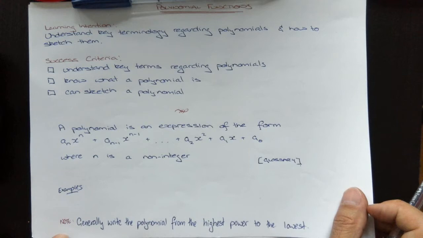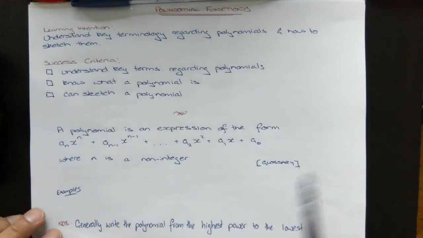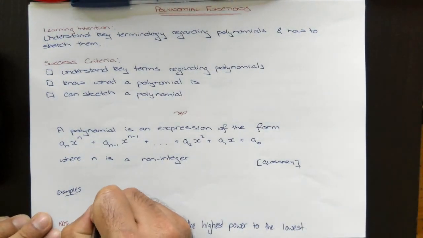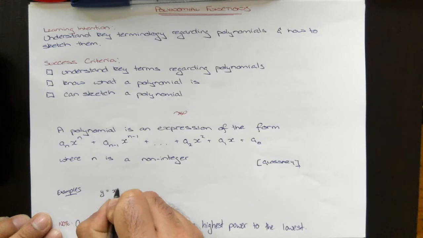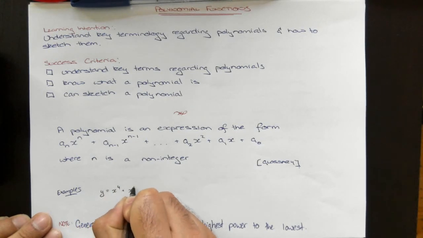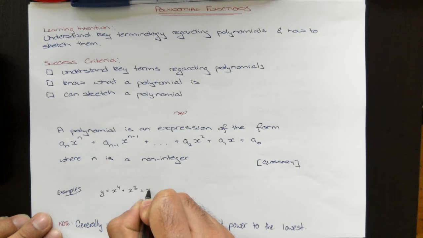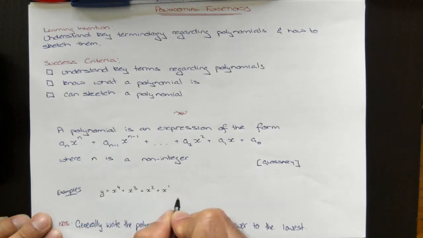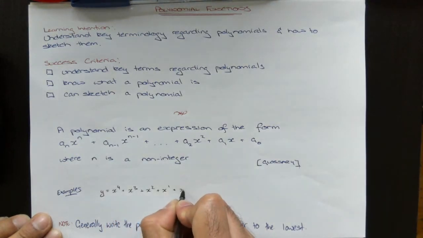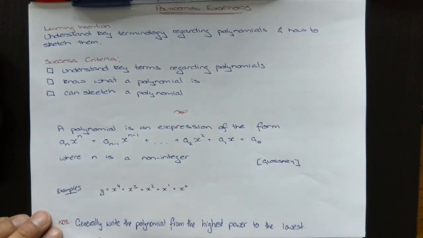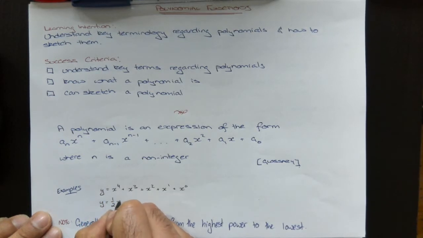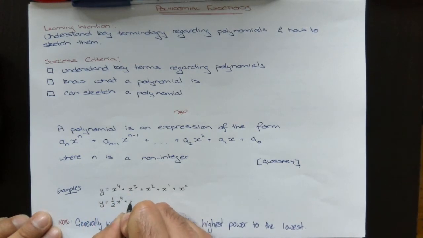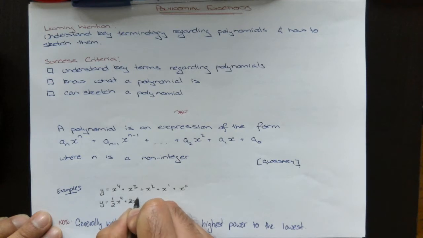All right, so some examples of polynomials. You could get y equals x to the 4 plus x cubed plus x squared plus x to the 1 plus x to the 0, which would just be 1. Obviously, you can throw in some coefficients.